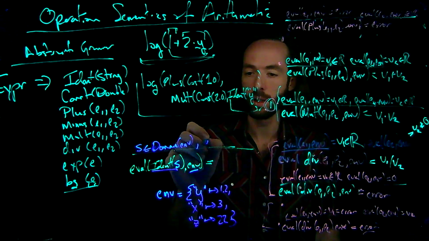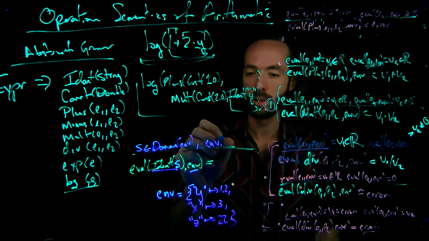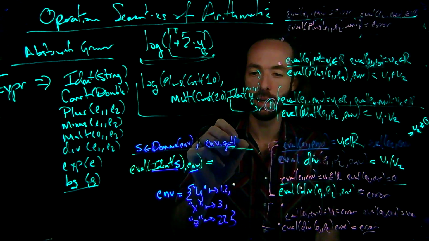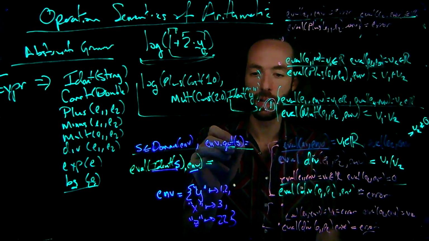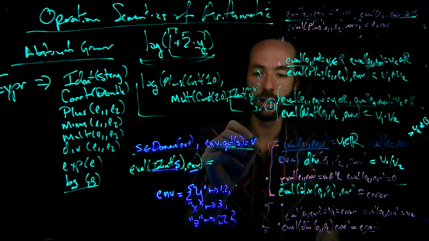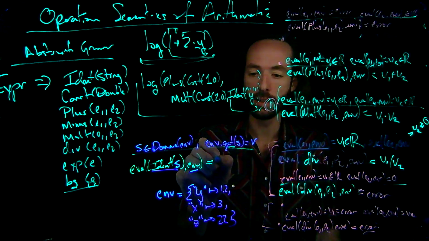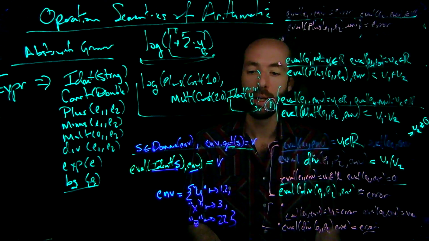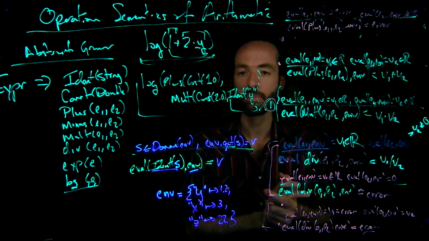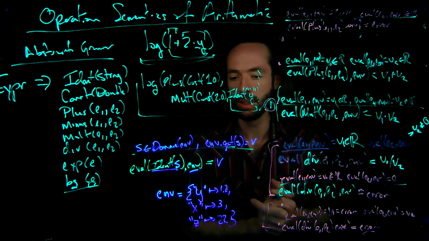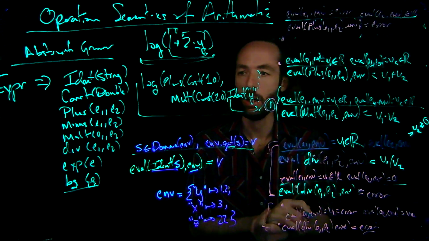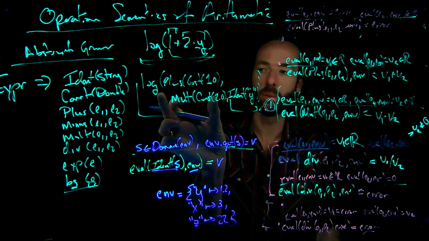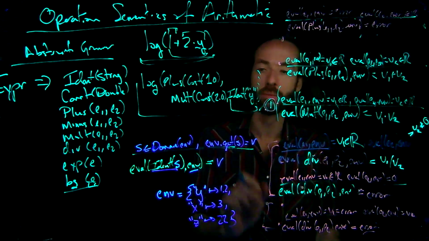If so, we're just going to get n.get s, which returns whatever s maps to, and we'll call that v. Then our eval is going to be v. Pretty straightforward. We'll see some of the complications of handling environments in the future, but this is enough to at least walk through our little example here.